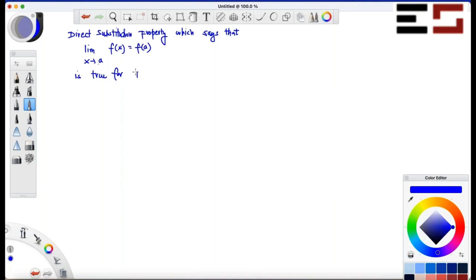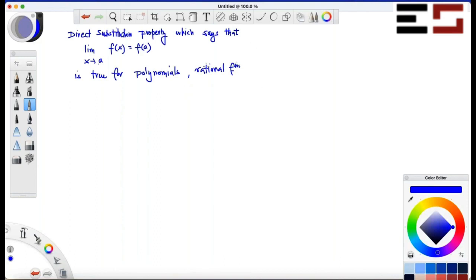So basically it is true for polynomials, that's for sure, and it is true for rational functions. Okay, and it is also true for trigonometric functions, but as long as a is in the domain of f.